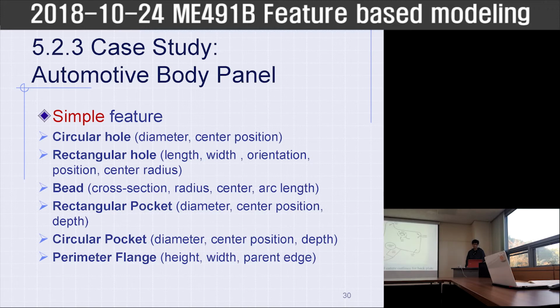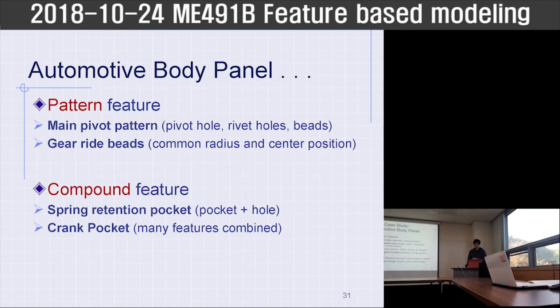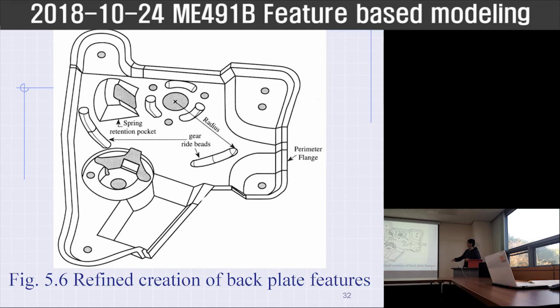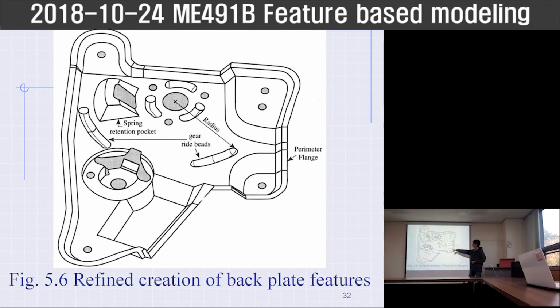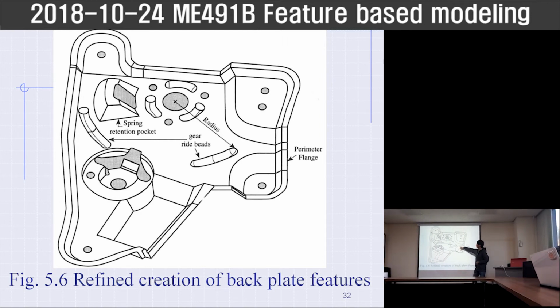And after that, you can proceed in the design stage again, going to the next design stage. You can add more features, and for it to look like this, we can add a perimeter flange, and we can also add gear beads, and the gear beads will depend on the position to the main pivot part. And then we can also add maybe a spring retention pocket for a different component.